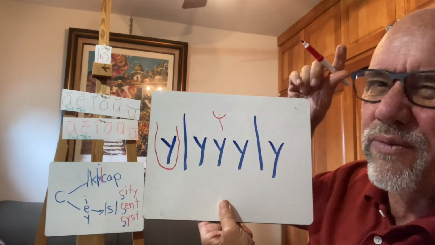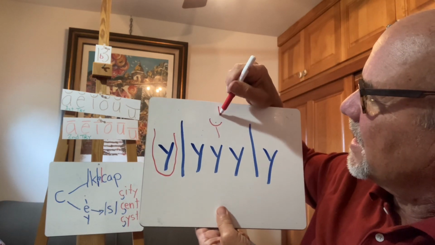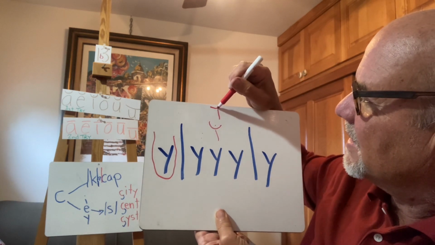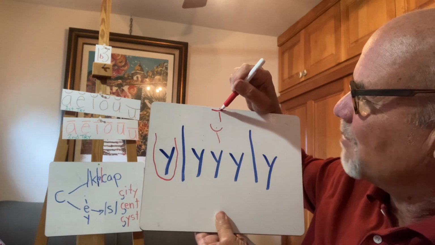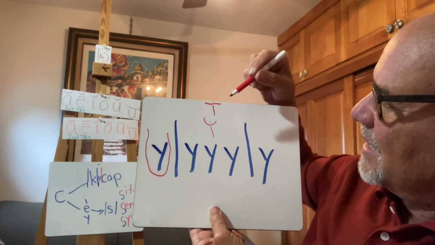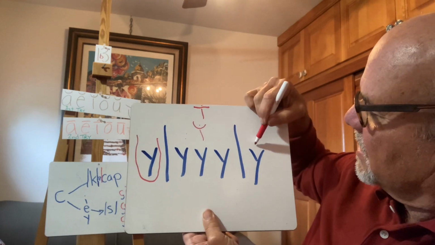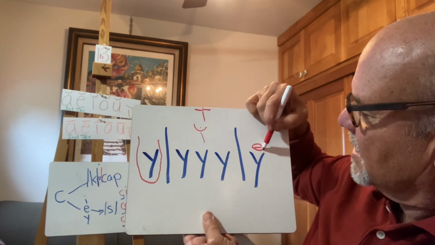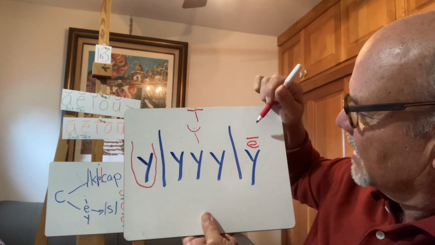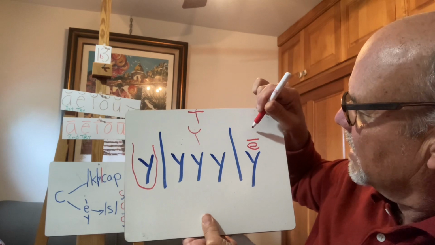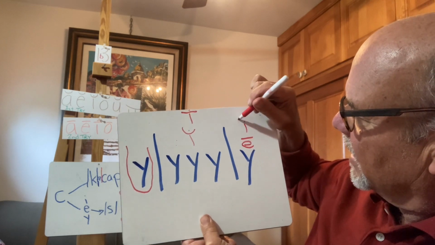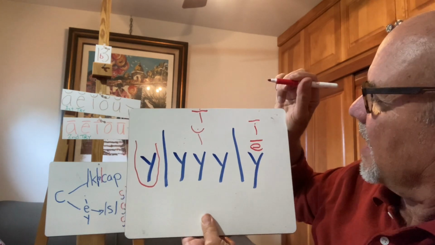You always try your short vowel first. Second try long I, like nylon and Myron. Y at the end of a root word, first try E, like baby. Second try I, like cry and sky.